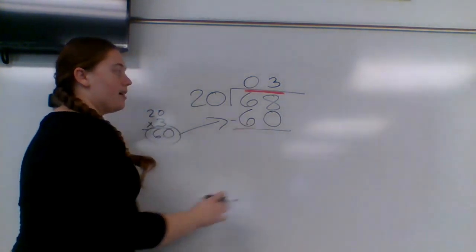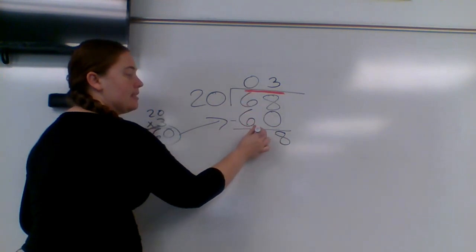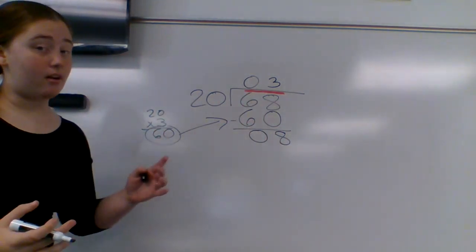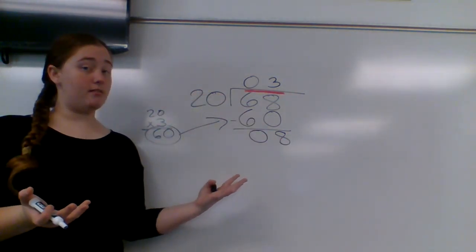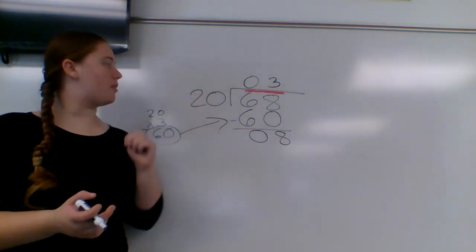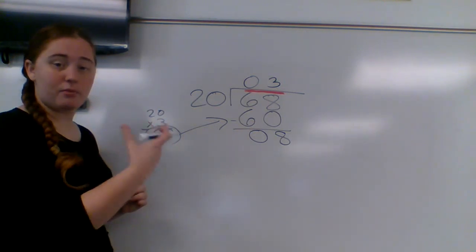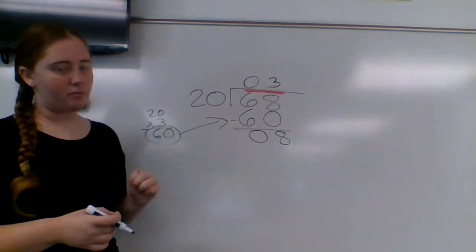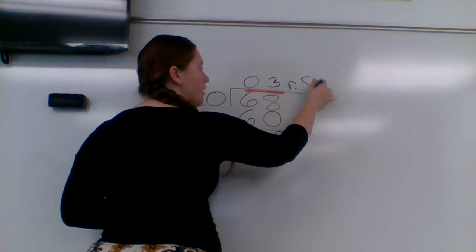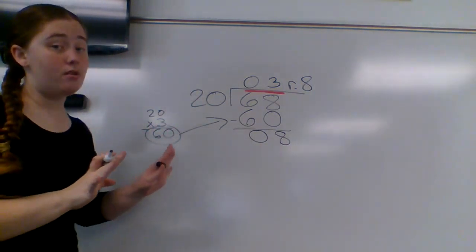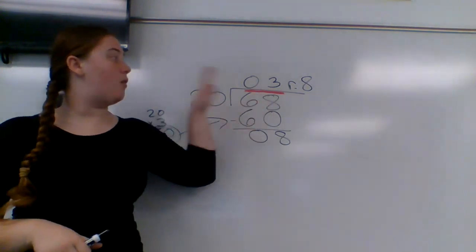Draw a line and subtract. 8 minus 0 is 8, 6 minus 6 is 0, and when I compare, is 8 smaller than 20? Of course it is. My next step after I compare is to bring down. There's no numbers to bring down. So my remainder is 8.